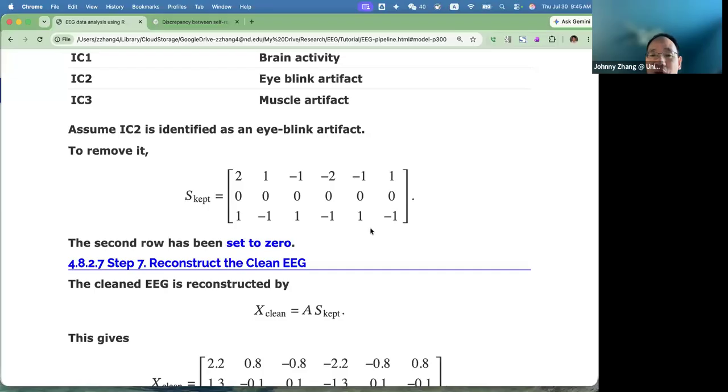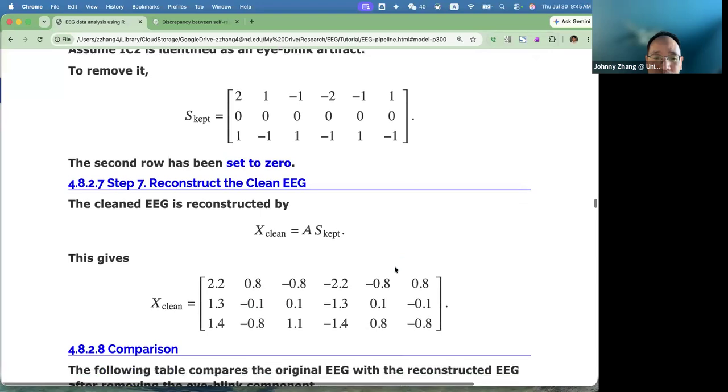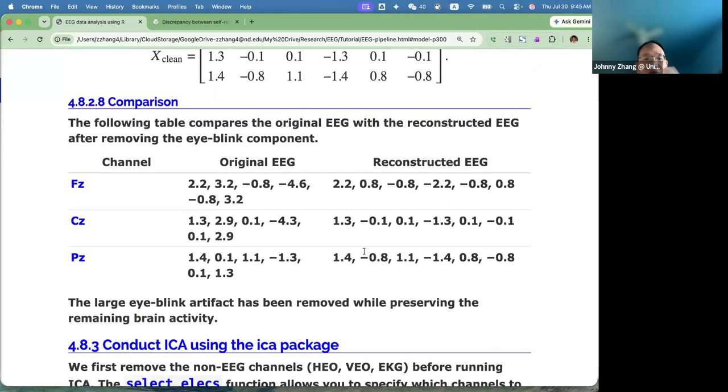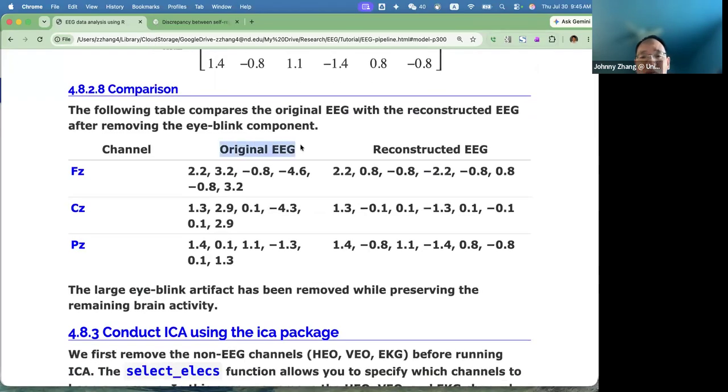So in this case, we remove both artifacts from the EEG data. If we look at our results, those are the original observed EEG data. These are the reconstructed EEG data after removing the artifact. Notice the values are different.